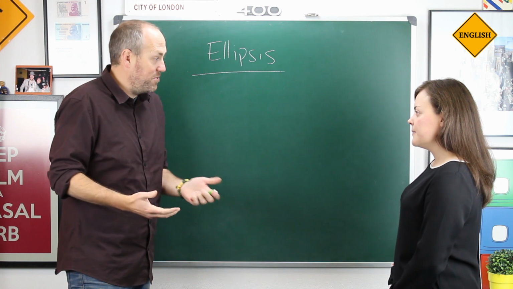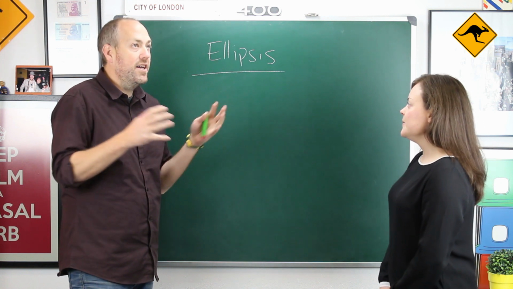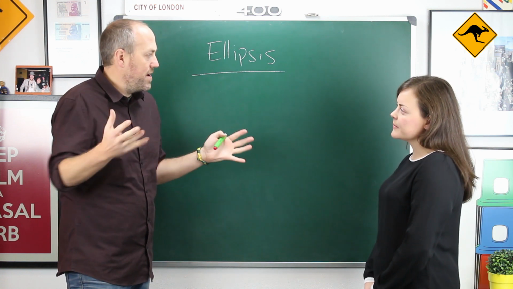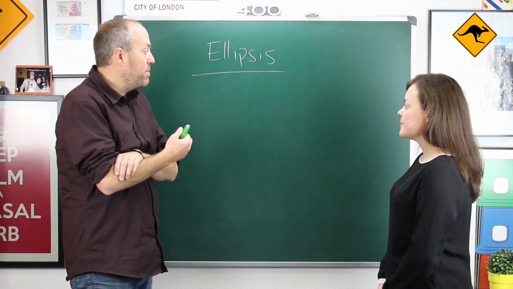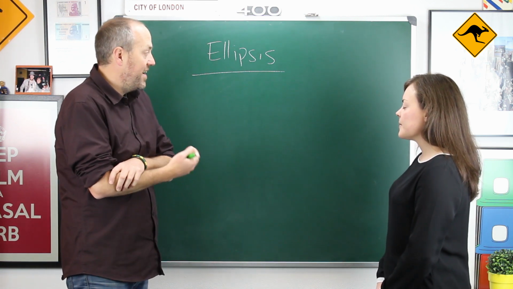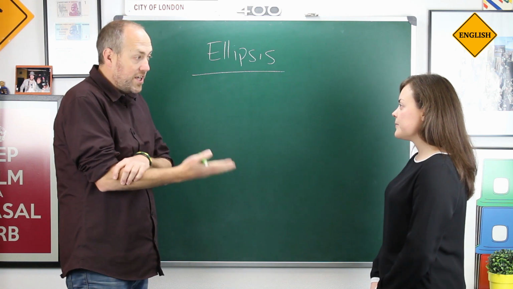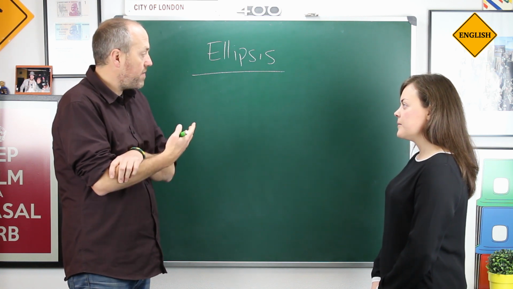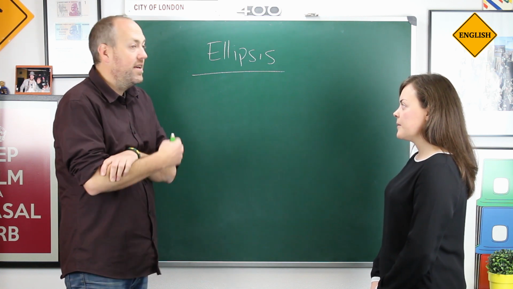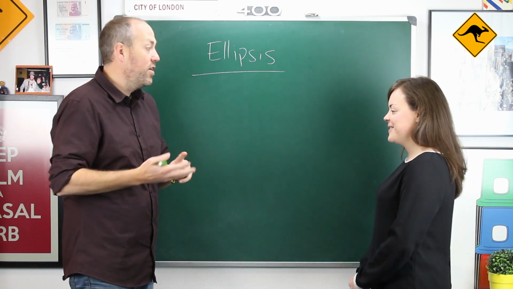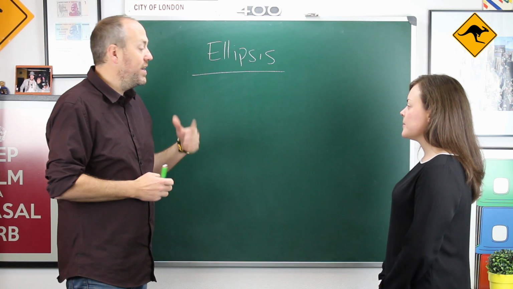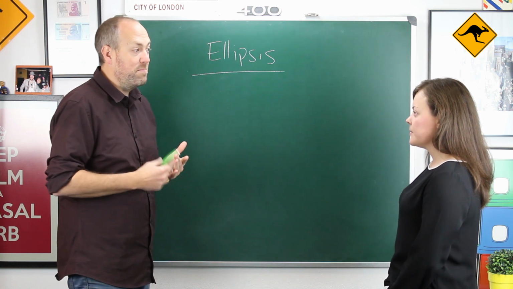It makes it easier to understand because you are reducing the amount of information. This is something that people use every day, and it's really good to practice using if you want to improve your informal English, like for writing emails or for speaking. So let's look at all the different types of ellipsis.